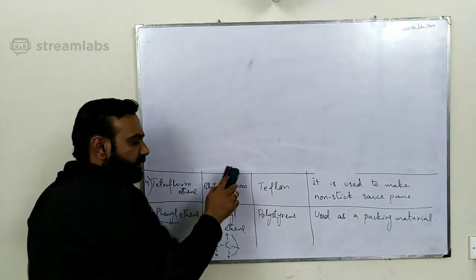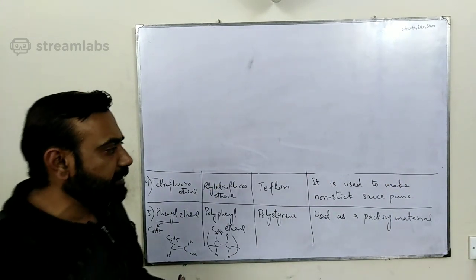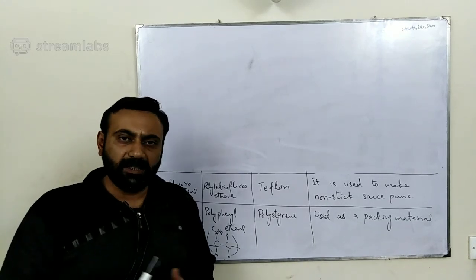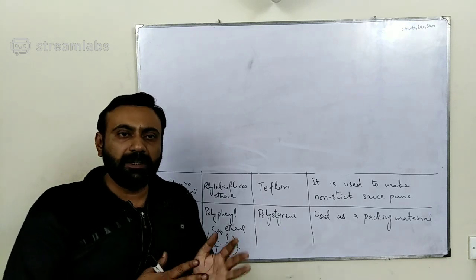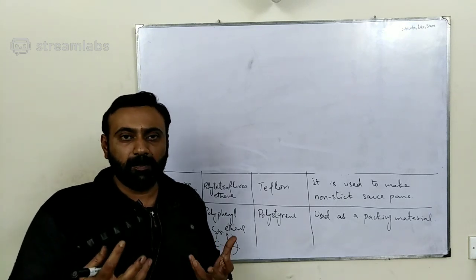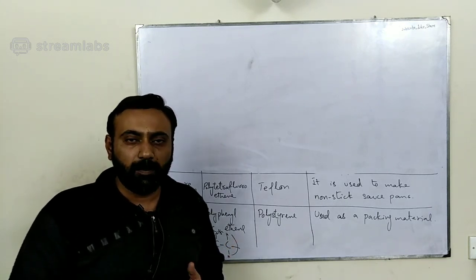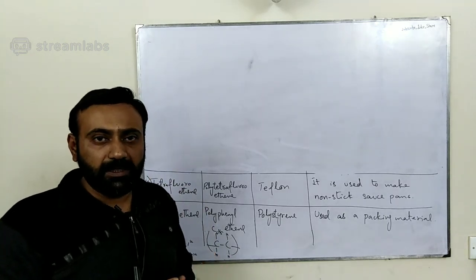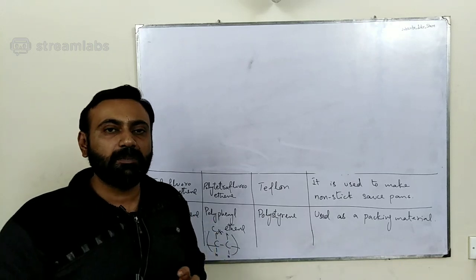Okay, now these plastics, the addition polymers that we have studied today, they are very easy to manufacture, so they are not very expensive at all, and they can be obtained with very many different desired properties. So these are the advantages of these plastics, but still there are some disadvantages.